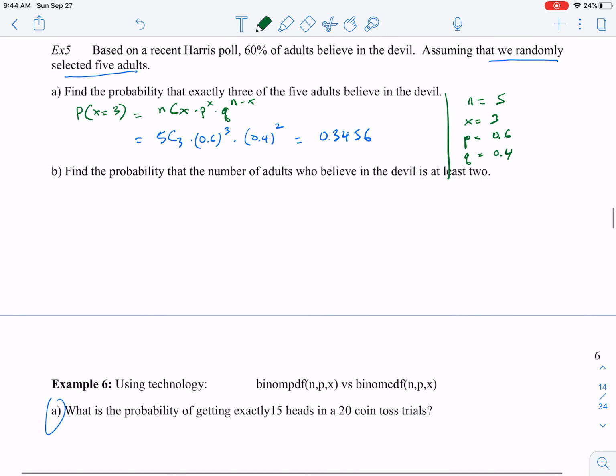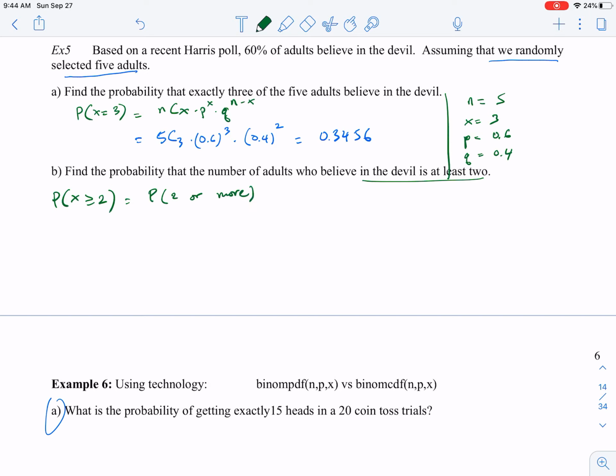Next question. Find the probability that the number of adults who believe in the devil is at least 2. Okay, so this is asking for the probability of x greater than or equal to 2 out of 5. That means probability of 2 or more. That means we want to figure out the probability of x equal to 2, add it to the probability of 3, add it to the probability of 4, add the probability of 5.